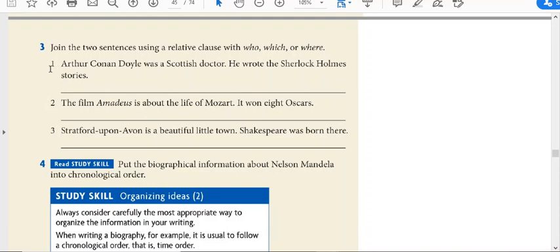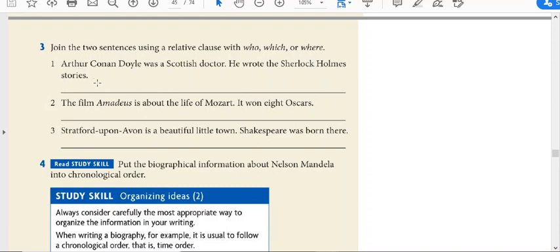So if we want to answer this question, we say Arthur Conan Doyle was a Scottish doctor. Okay, we get rid of or delete he and we put who wrote the Sherlock Holmes stories. This is the first one.